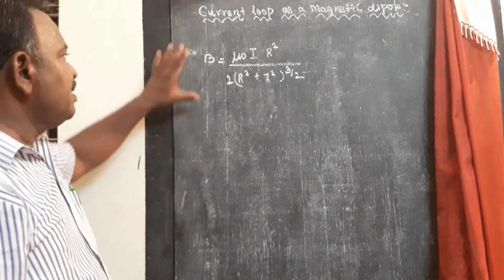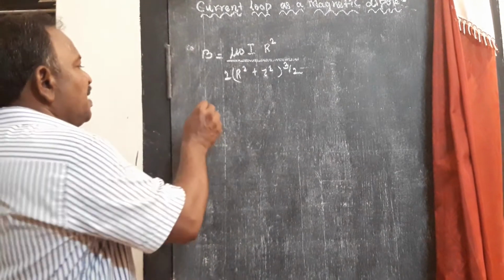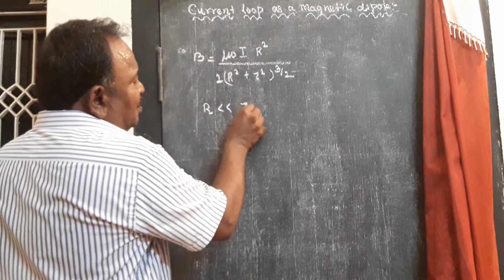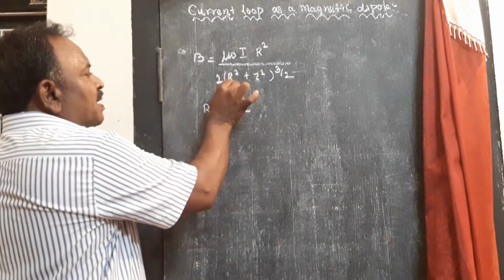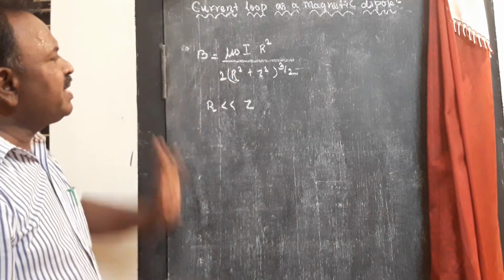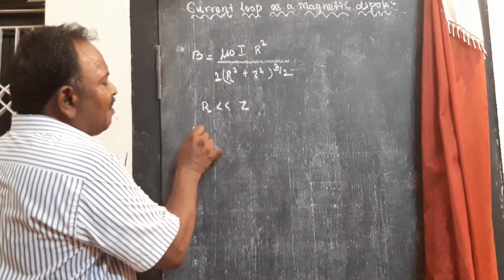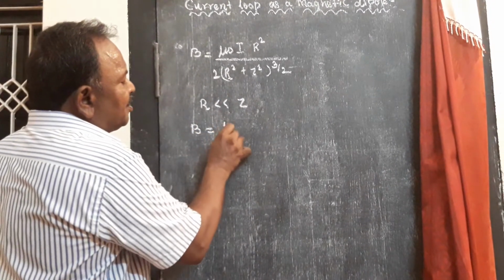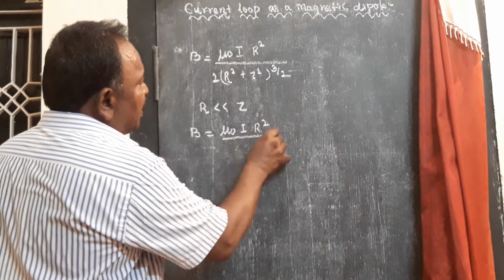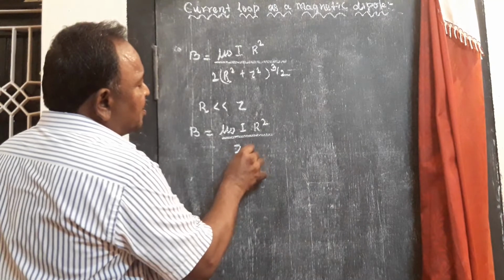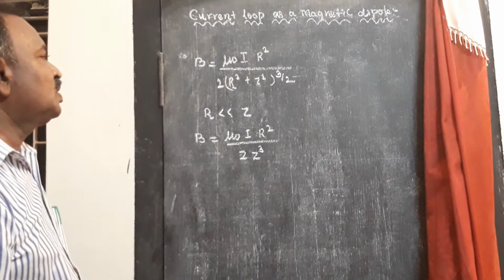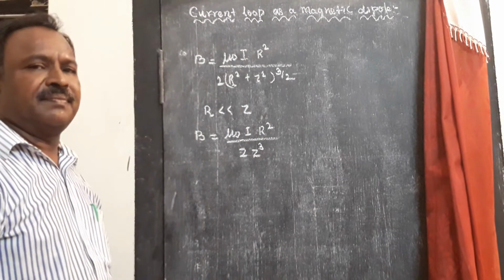Now in this expression, if R is very small compared to the distance of the point, R square can be neglected. So we will have B is equal to mu naught I into R square by 2 into Z cube. So you will have this expression.